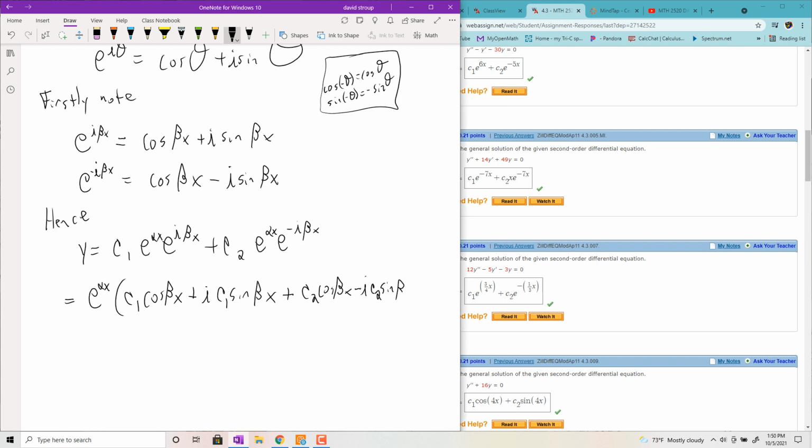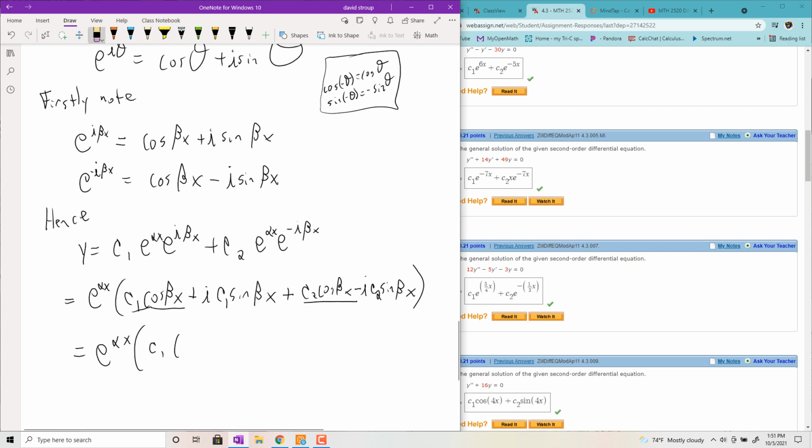Then we can rewrite this a little by collecting like terms. Actually, I want to collect the cosines together, so I apologize. So c1 plus c2 times cosine beta x.